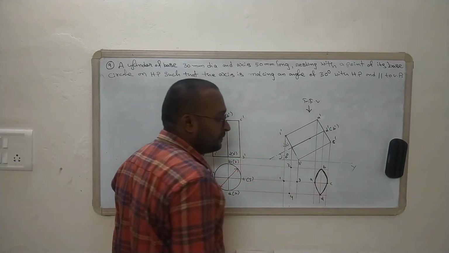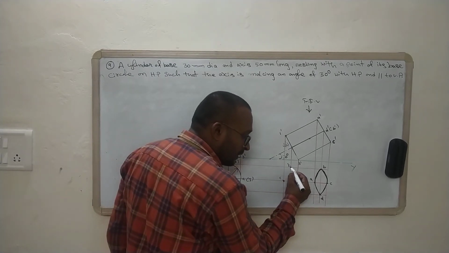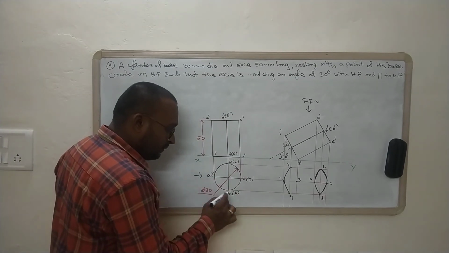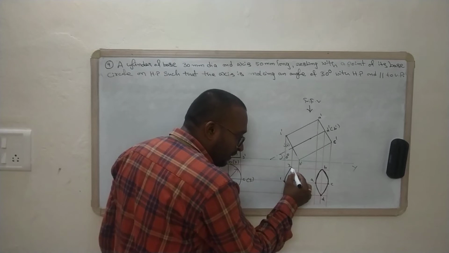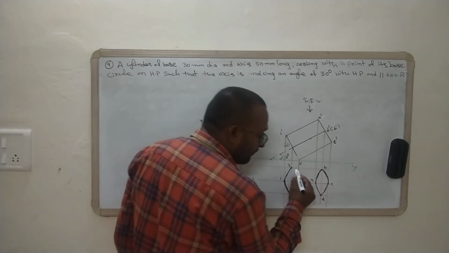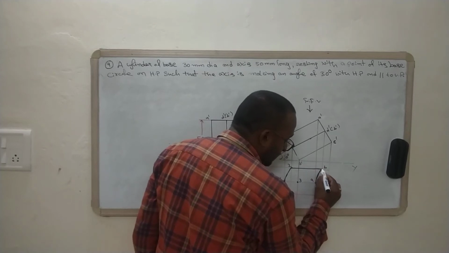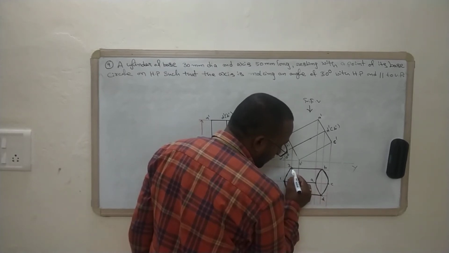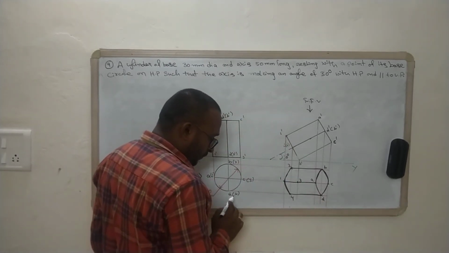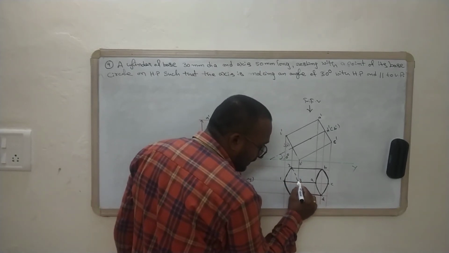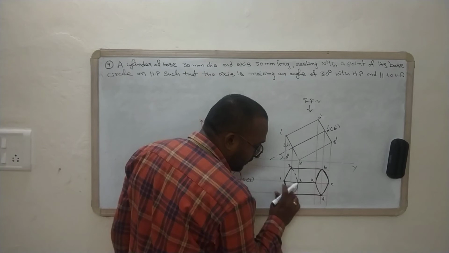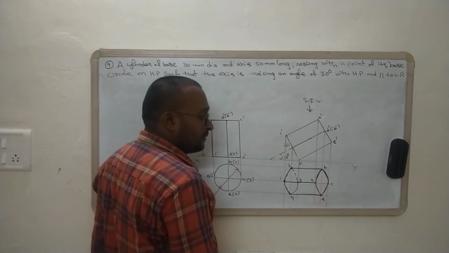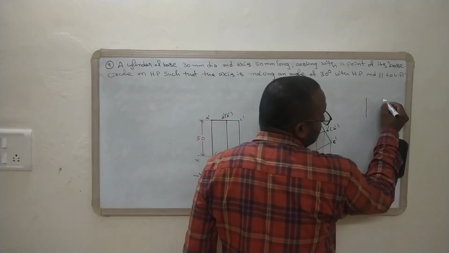It will be completely visible, and the bottom surface will be half visible; you can see 2, 1, 4 will be visible, and then the surfaces will be highlighted, and 2, 3, 4 is an invisible circle, so that could be drawn with dotted lines. Now this is the cylinder front view, like this.